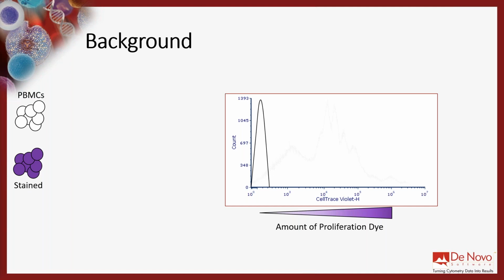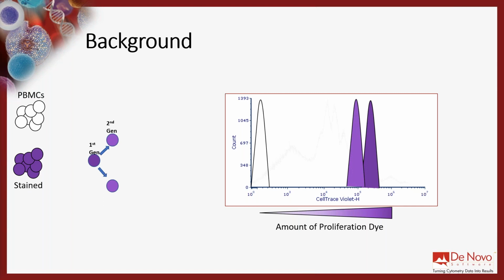Now, what that means to us is that the first generation, which is what we place into cell culture, is going to be the brightest population, right? Because that has the most dye in it. And you'll notice on the far left, there is a white peak there, and that peak is our negative, all right? So you have your complete positive and you have your complete negative here.